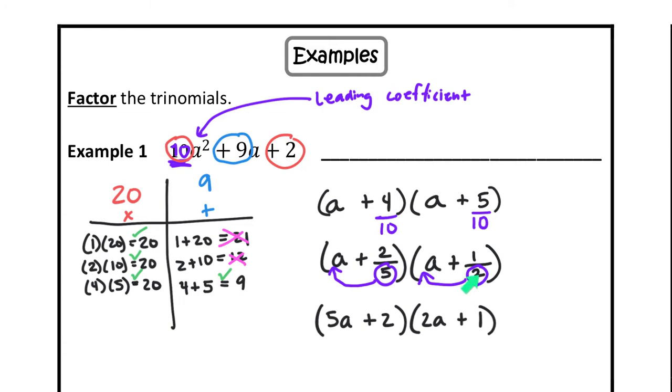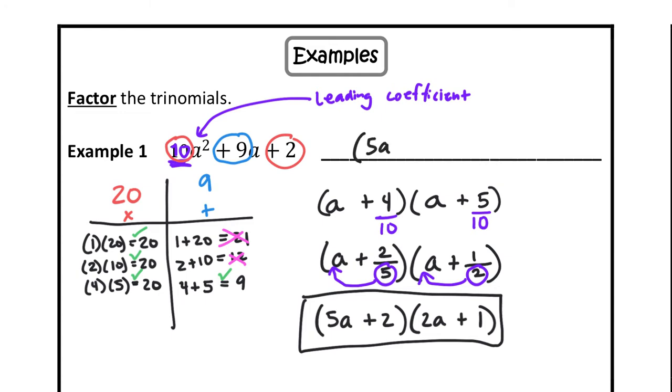Then I'm going to move this 2 in front of a, so it's going to give me 2a plus the 1 stayed, so the 1 comes down. So that is my final answer. And you can write it up here. Okay. That's essentially the bottoms up method.